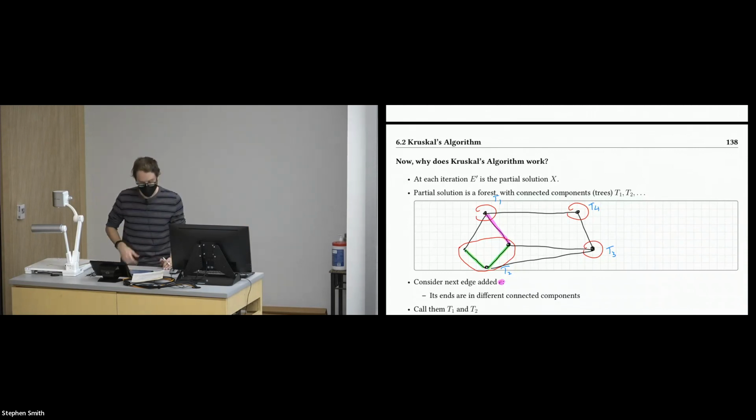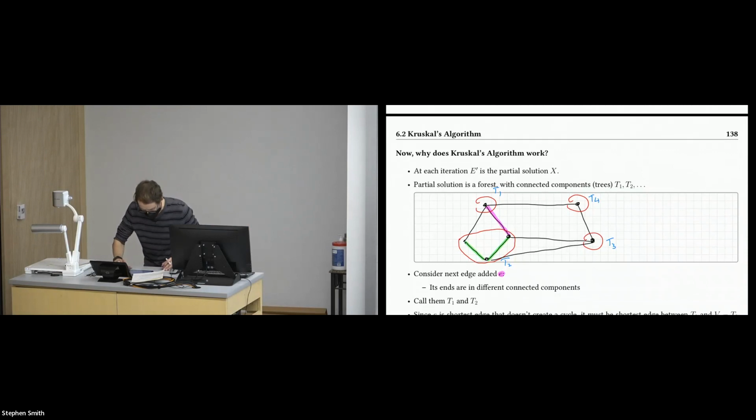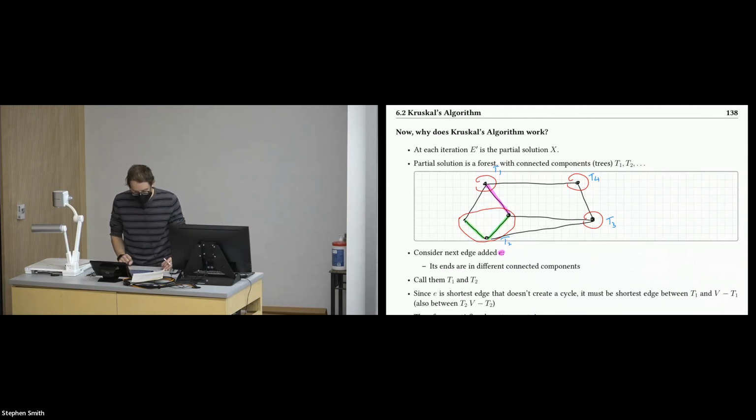I'm going to add the pink edge, E. Right? And so then E is the shortest edge that doesn't create a cycle, or in other words, it's the shortest edge crossing between T1 and V minus T1, or equivalently T2 and V minus T2.